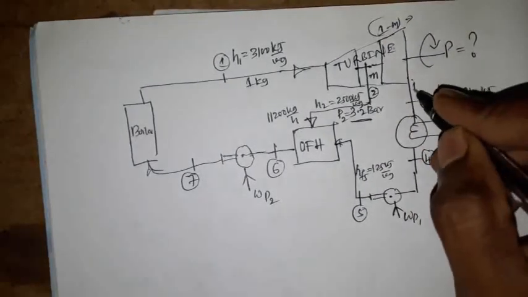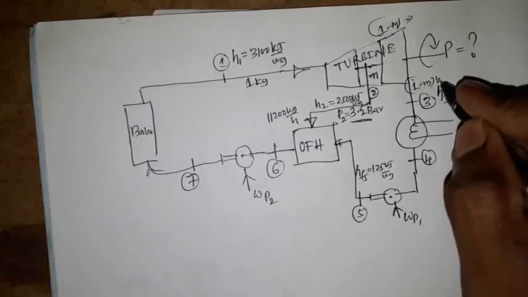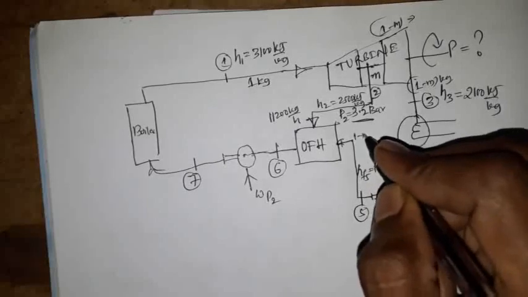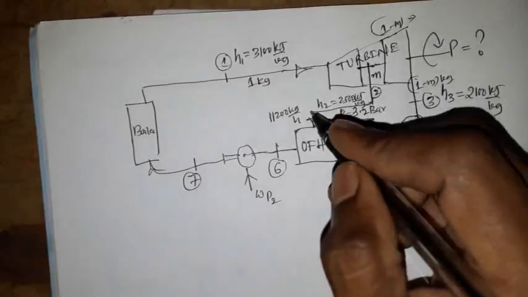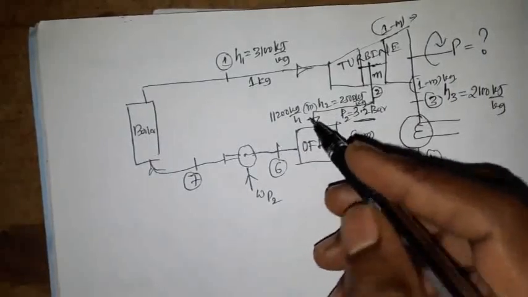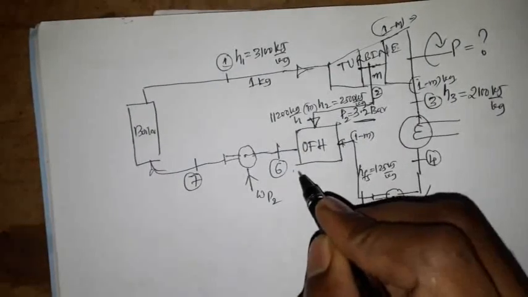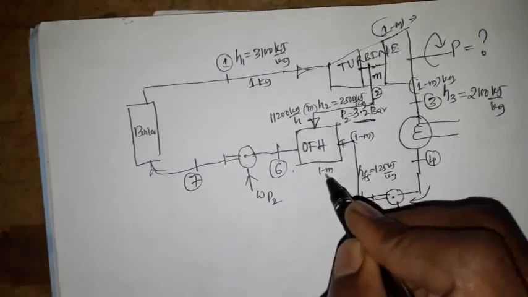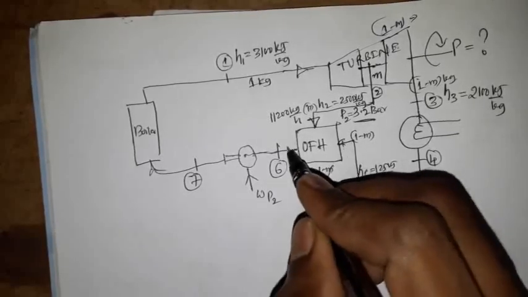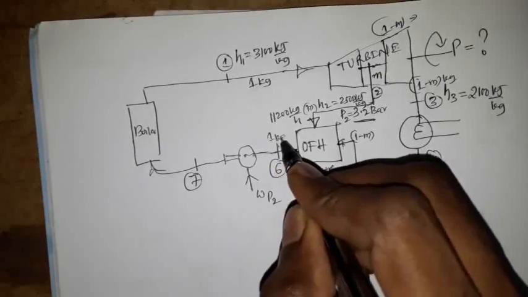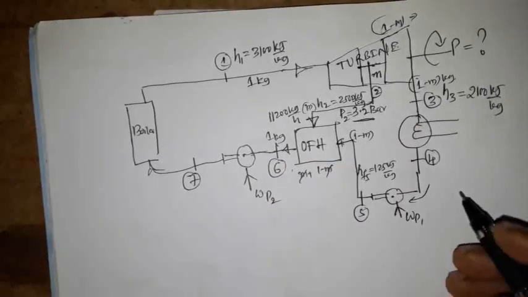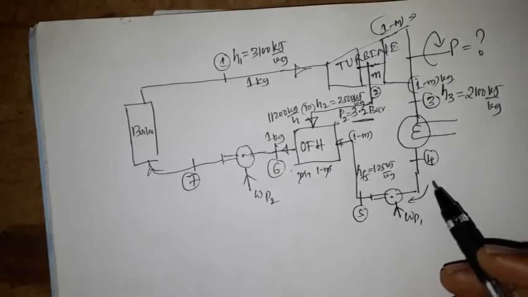So inside the condenser the same 1 minus m kg is flowing, and the same 1 minus m kg enters the feed water heater. Here m kg is entering the open feed water heater as well. So 1 minus m plus m, both cancel, hence the same 1 kg will come out here. So this is the given data for the present problem.